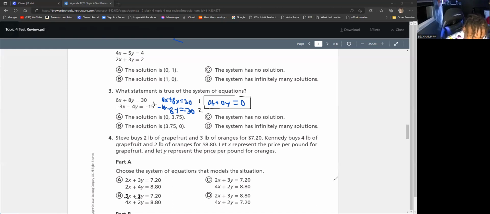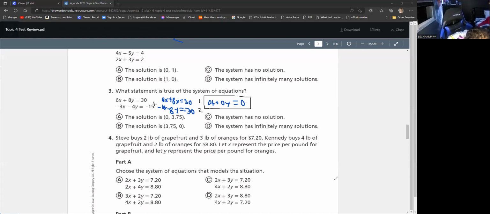Yes. Okay, so which one is it? Steve buys 2 pounds of grapefruit and 3 pounds of oranges. Kennedy buys 4 pounds of grapefruit.